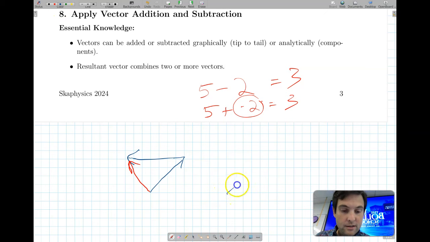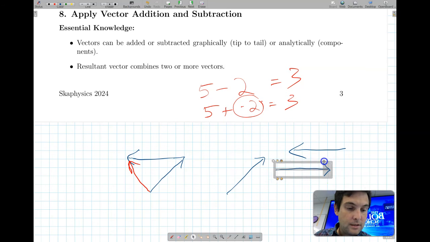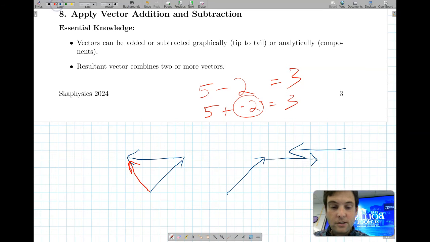If I subtract vector A from vector B, the opposite of vector B is going to be the anti-parallel vector. So it's going to be pointed to the right. So now I'm going to do the tip to tail thing, and then my resultant vector is going to be in this direction. This is A minus B, and this is A plus B.